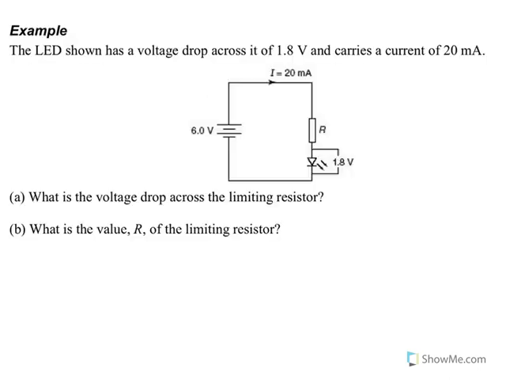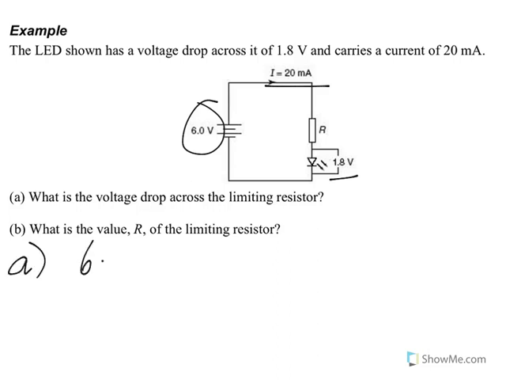Alright, so let's have a look at an example. Same kind of stuff as before. The LED is shown as a voltage drop of 1.8 volts across it. The current flowing is 20 milliamps. What is the voltage drop across the limiting resistor? Well, there's 6 volts altogether in this series circuit, and remember, around series circuits, voltages add up.